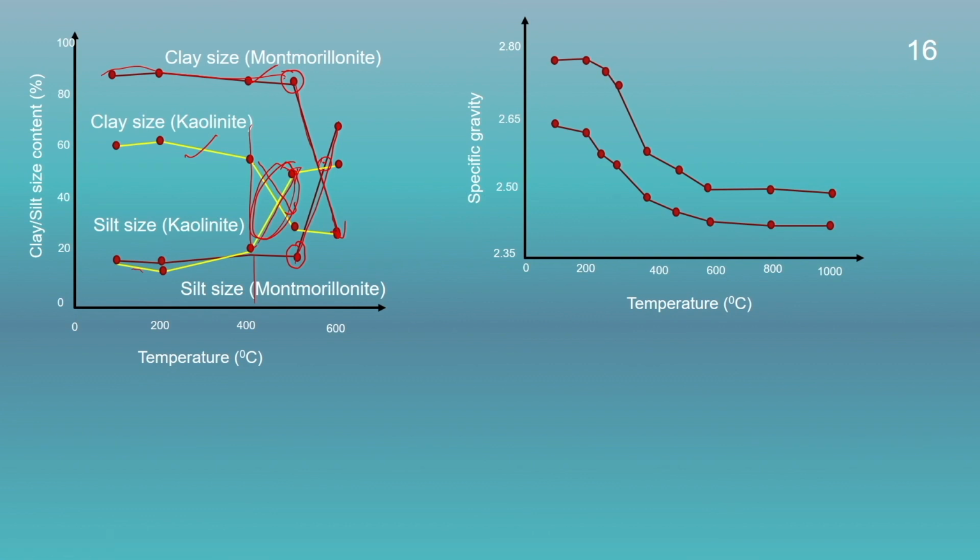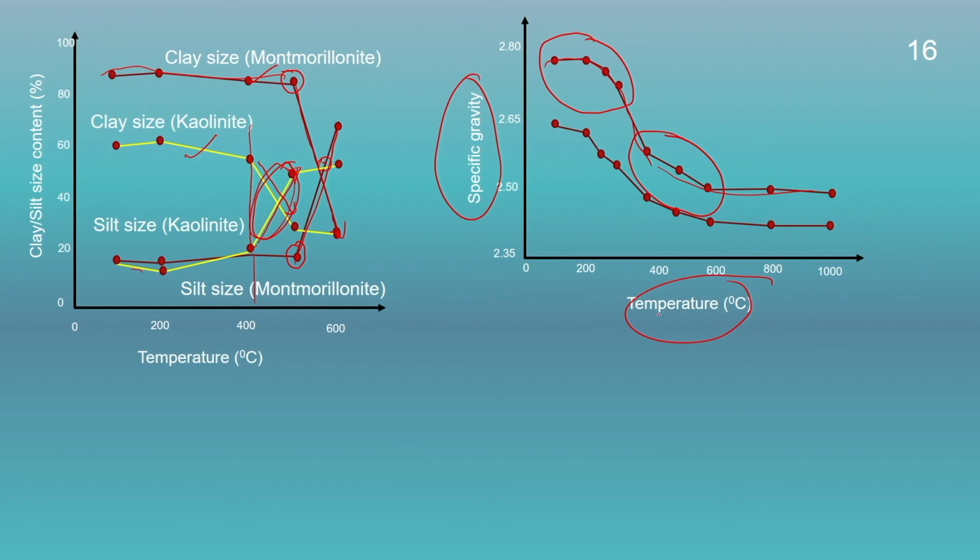Similarly, as we heat the soil sample, its weight gets reduced. There is a change in the specific gravity with the temperature as well. With the increase in the temperature, the specific gravity of the soil decreases significantly, and this decrease was minimal at a temperature of 200 degrees centigrade, and beyond that at 400 degrees centigrade, due to this dehydroxylation process, a large amount of water gets removed and the particle structure gets changed.